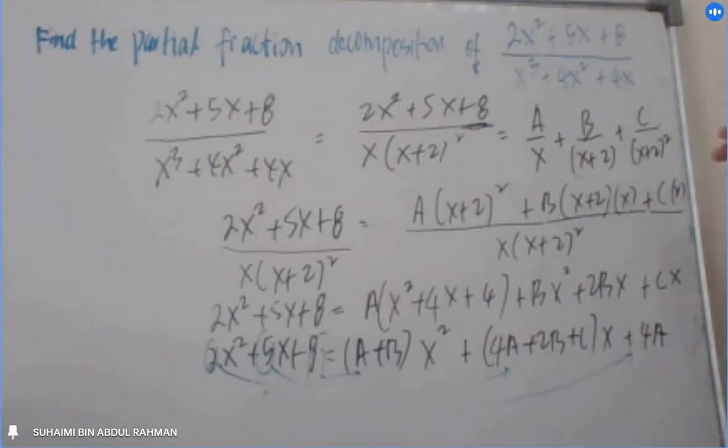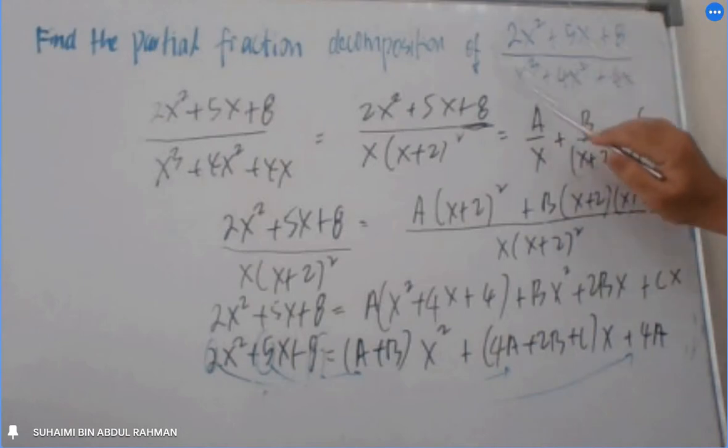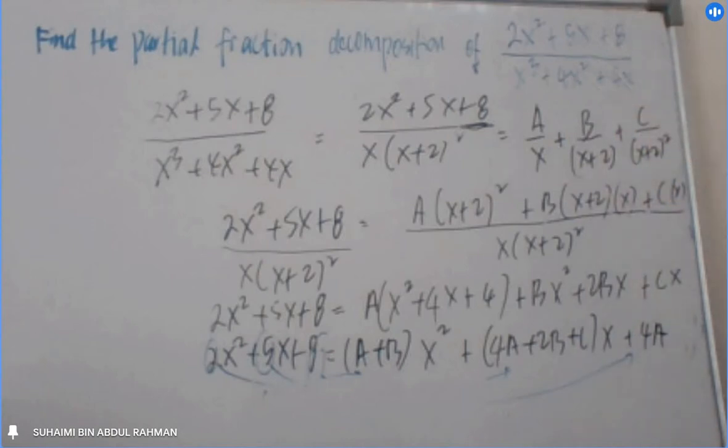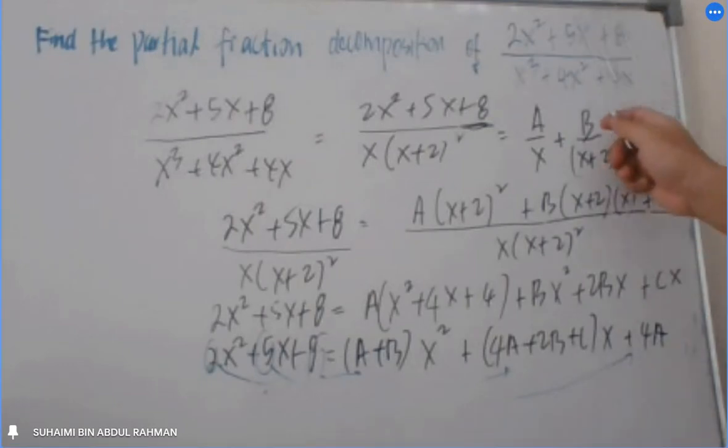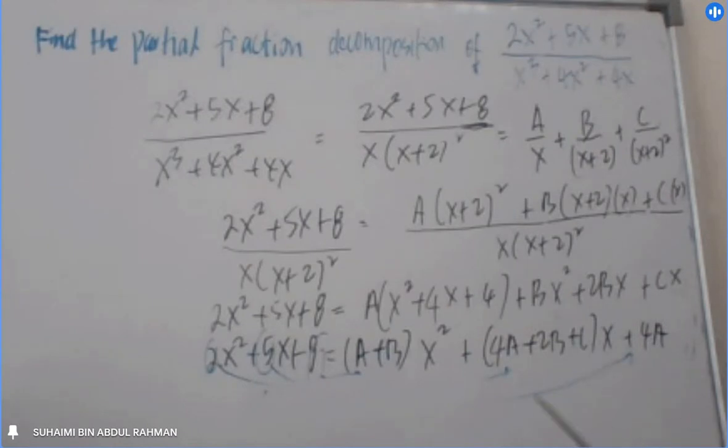We need to check whether our rational function is proper or improper. If you look at our case, is our rational function proper or improper? That function is proper, sir. Proper. Therefore, we do not need to do long division because it is proper.